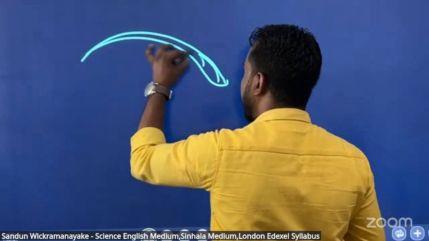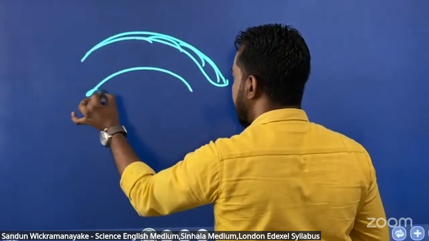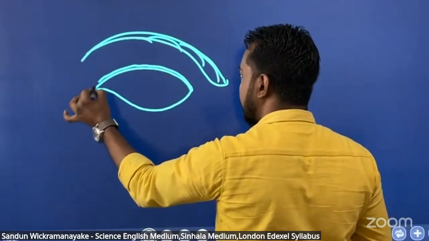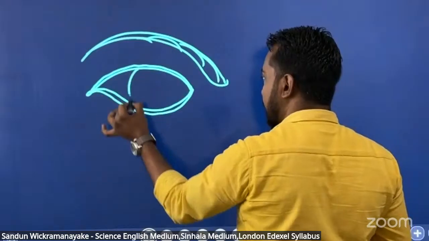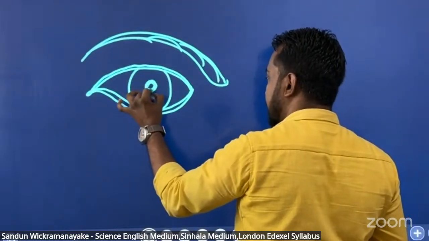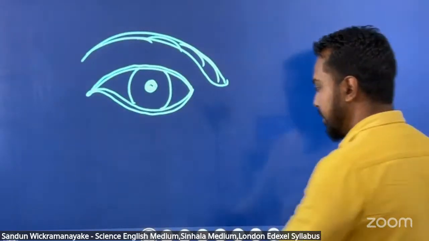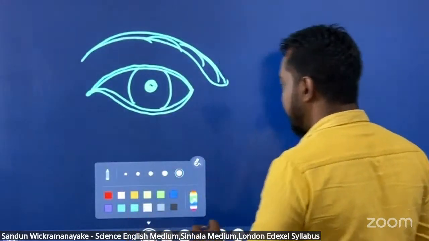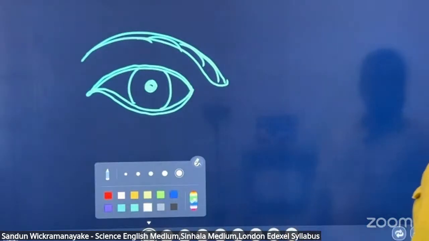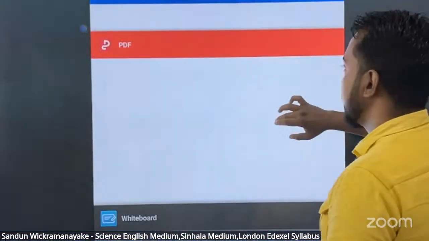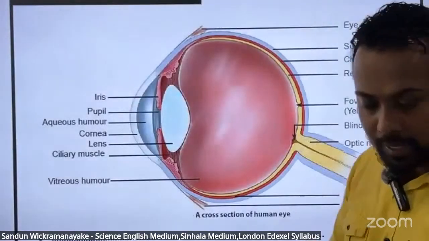This is the eyebrow, and this is the eye. Right. You can see it like this. So, this is a human skull.